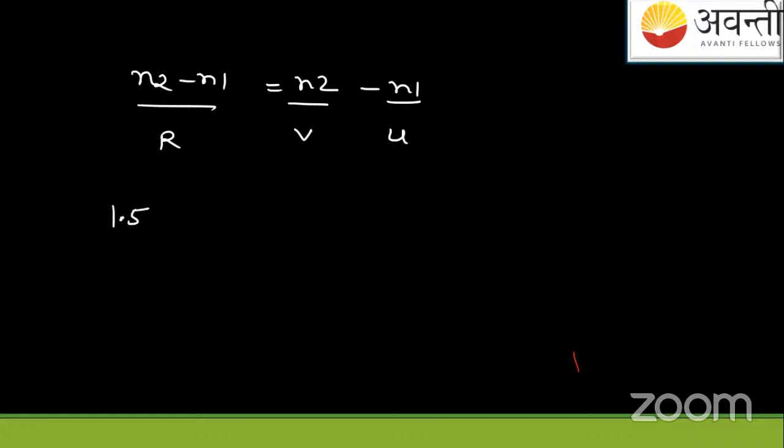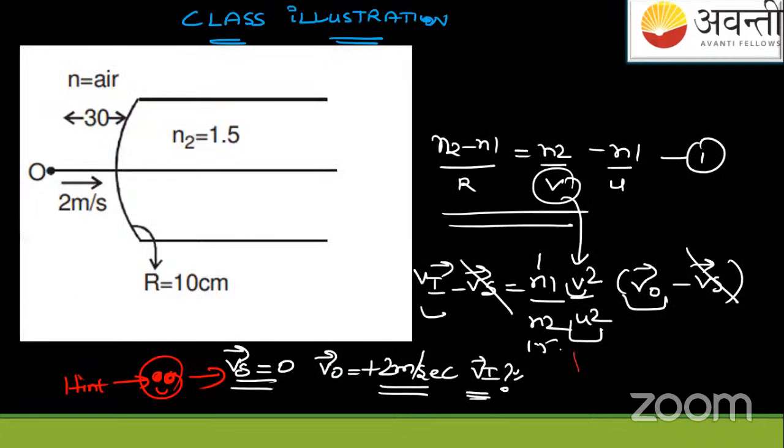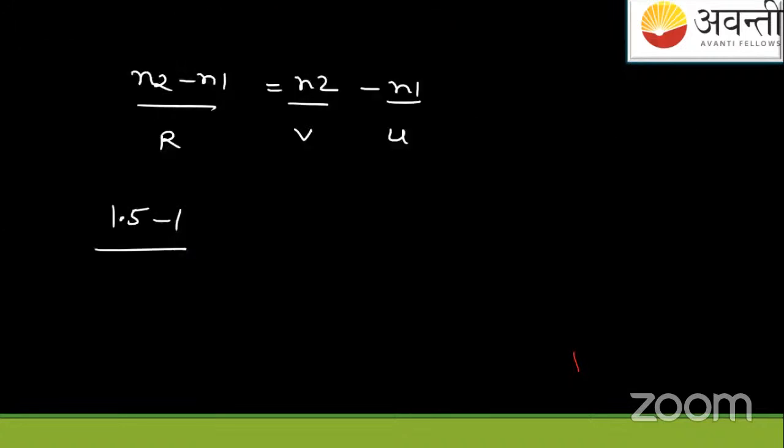See, this is N2 minus N1 upon R equals N2 upon V minus N1 upon U. N2 is 1.5, N1 is 1. Radius of curvature is how much? It is 10. It's positive here. N2 again is 1.5. It's V here. N1 is 1. U is how much? We are taking here minus 30.